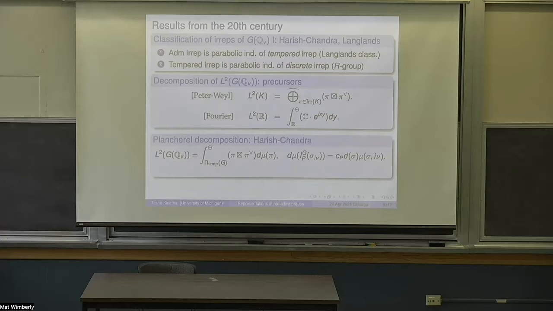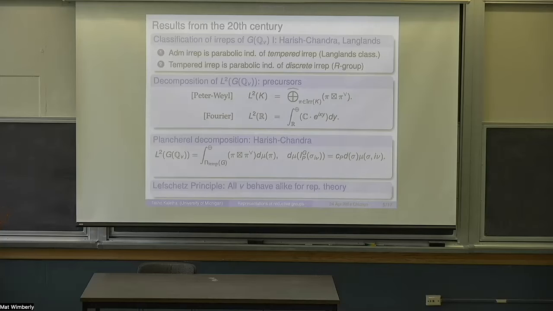Here's the parabolic induction of a discrete series representation. And the Plancherel measure basically takes what is called the formal degree of the discrete series representation, which is a stand-in for the dimension. Even though this representation is infinite dimensional, there is some kind of formal analog of dimension called the formal degree. And then there is the famous Harishchandra mu function, which maybe I'll not say much about at the moment. The point being that there is an explicit and not too complicated formula for the Plancherel measure.